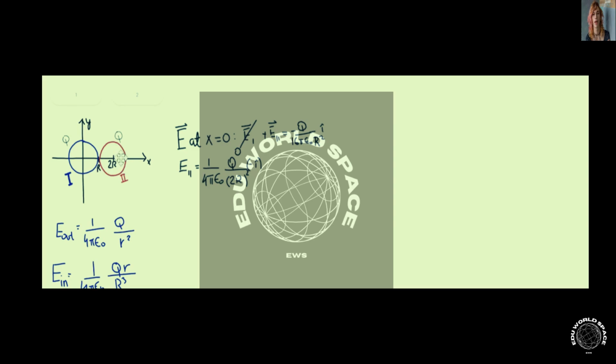And from sphere 2, you can see that the point right here is outside sphere 2, and the distance between the center of sphere 2 and the point is 3 over 2 big R. So that's going to go right here in place of small r, and the direction again is going to be towards the left.